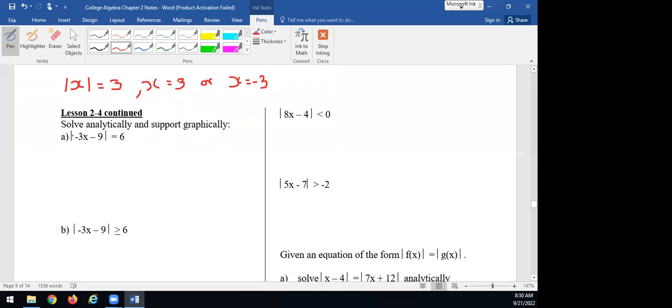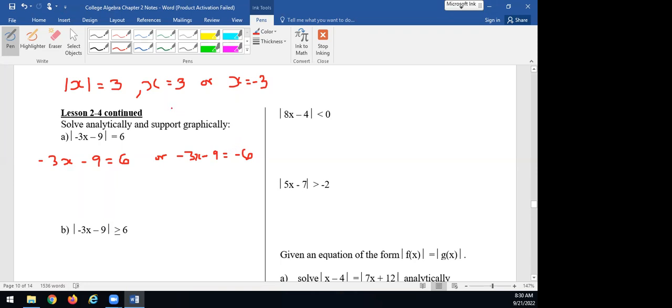So likewise, in this case, you're going to have 2 possibilities just the same. What's the first possibility here? You're going to take negative 3x minus 9, set it equal to 6. That's the first possibility. And the second possibility, we're going to take negative 3x minus 9 and set that equal to negative 6. So one possibility is positive, one is negative, and then we're going to solve.